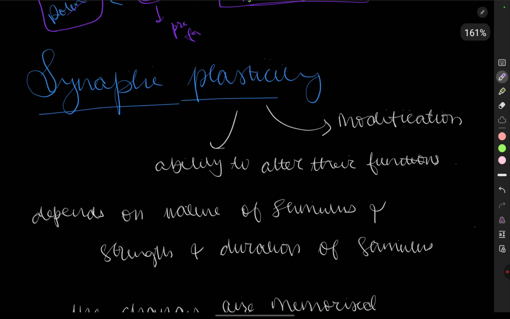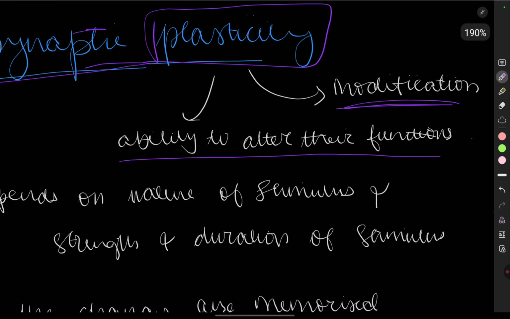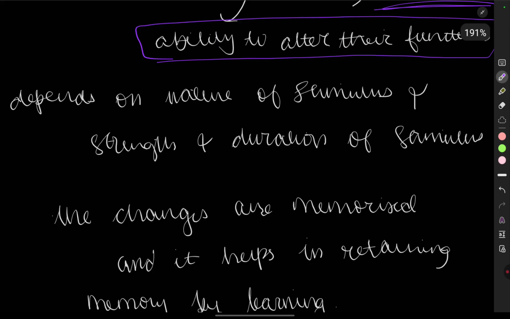What do you mean by plasticity? Plasticity is a modification or alteration. Synaptic plasticity we are going to study here. It is the ability to alter the functions of the neurons, and we'll see how it learns and memorizes. It depends on the nature of the stimulus, the strength and duration of the stimulus.